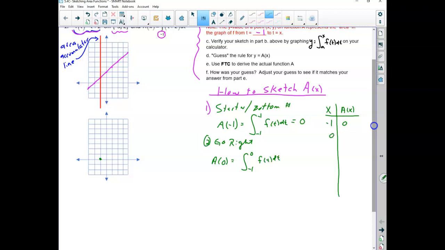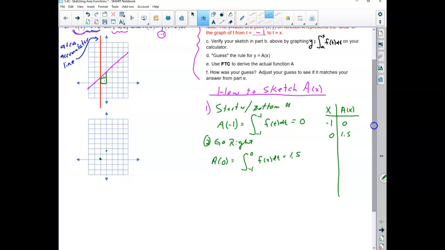So what is that? Well, the integral from -1 to 0 is this accumulated area underneath my curve and above the x-axis. I can make this hard right now, but I don't want to make this hard. I can count how much area is there because I've got 1 square and a half a square. So this should be 1.5. So then I'm going to graph (0, 1.5)-ish, and I'm going to put that little bugger as best I can.